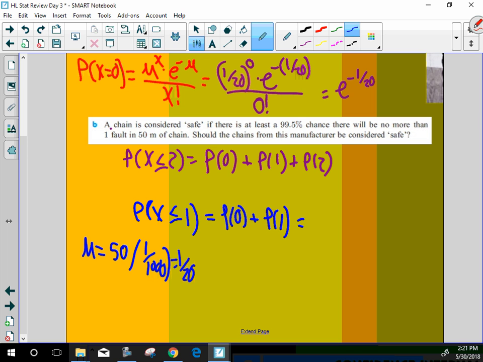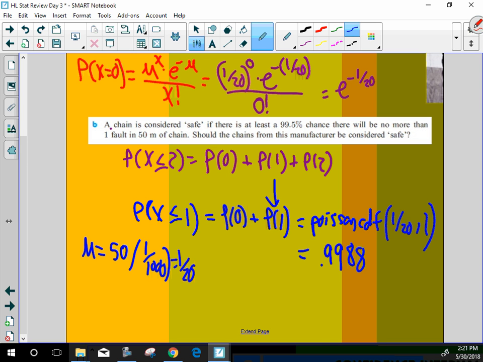Get your calculators out. What is Poisson CDF, 1 over 20 again, comma, up to and including 1, we'll put 1 there. What is that probability? And I need 4 decimals, please. 0.9988.